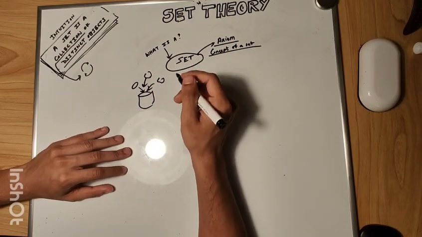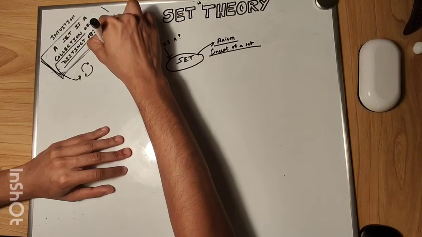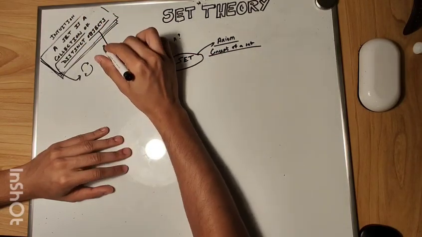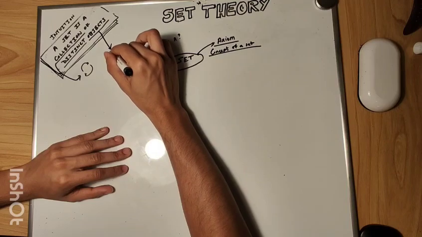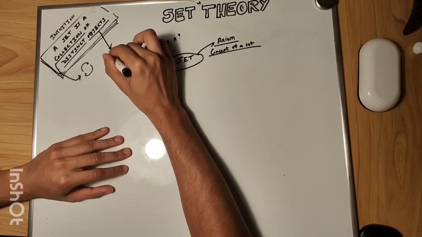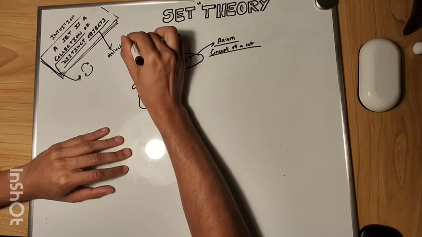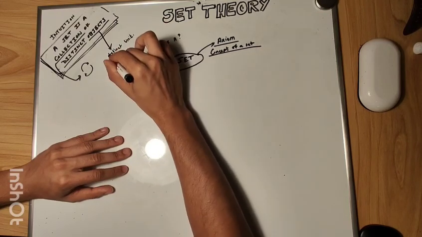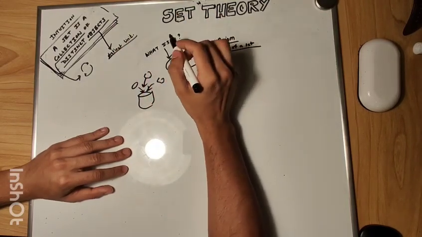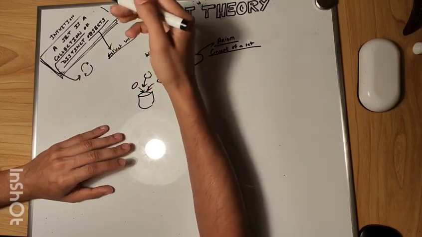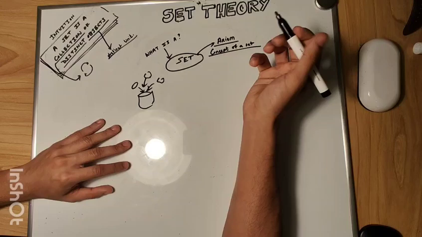Very briefly, let's talk about this word, an object. What is an object? An object is anything that you can treat as a distinct unit. And again, this is not a definition of the word object, but more of an intuition as to what an object is.